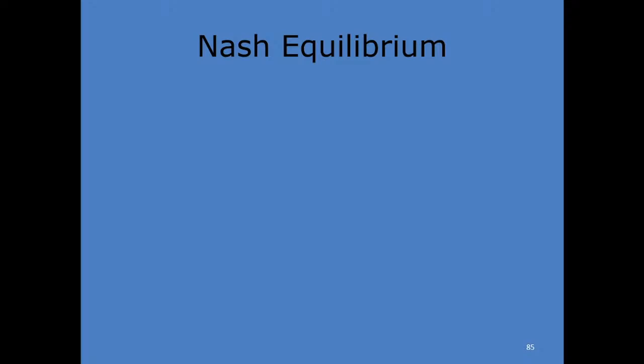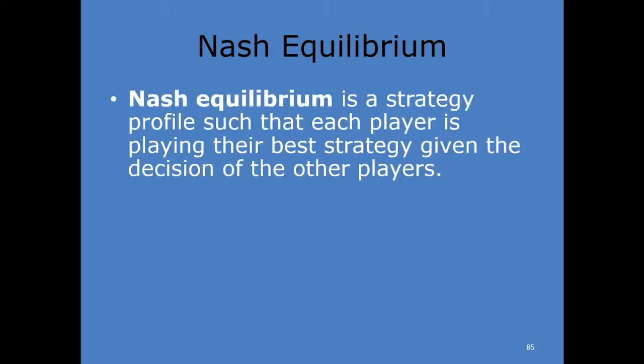And let me now talk about the concept of Nash equilibrium. It is a strategy profile such that each player is playing their best strategy given the decision of the other players. Right? So again, in the relatively simple case of two players and two strategies, player one will need to put herself in the shoes of player two and evaluate, given that player two chooses one action versus the other, what the possible best outcome is.